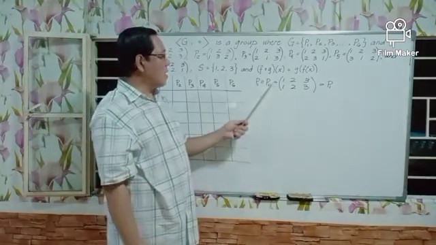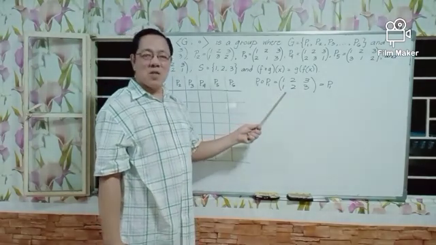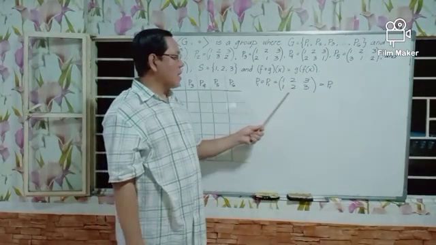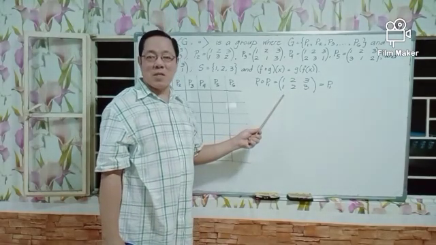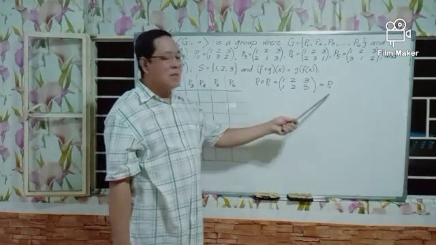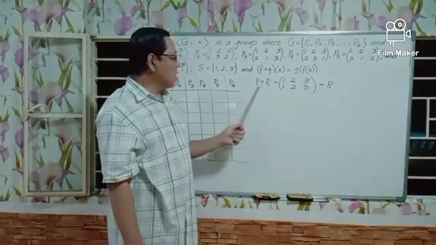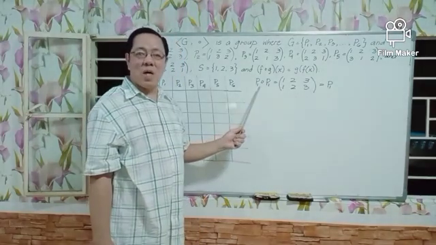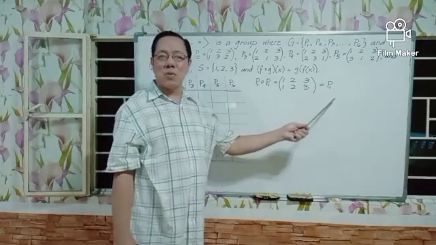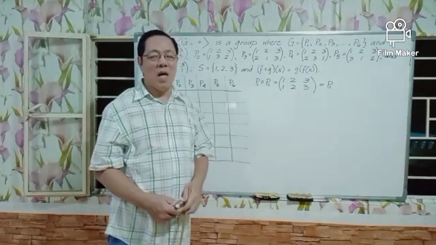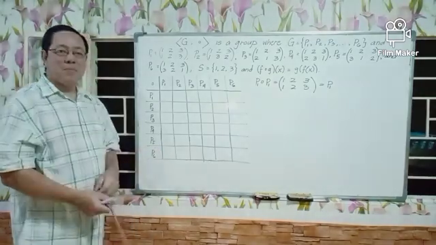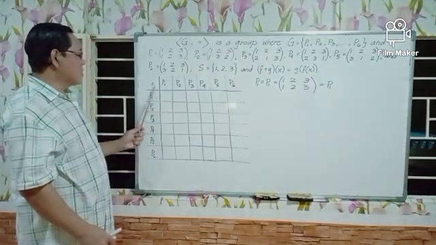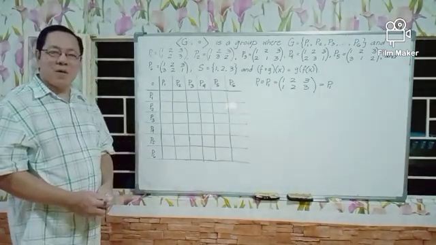But this function from set S to itself that assigns each element of set S to itself is the function P1. Thus, the composition of P1 with itself is equal to P1. And we write that in the table. P1 circle P1 is P1.